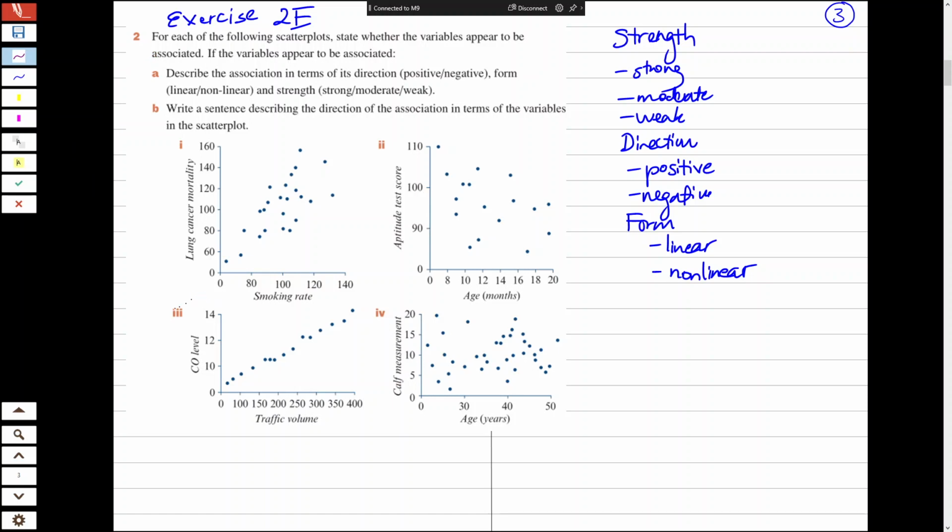All right, I think number 3 is the easiest one, so let's start here. What do we reckon the form is? Form is linear. Okay, I'll make it clear. Part 3, form, linear. Direction, positive.